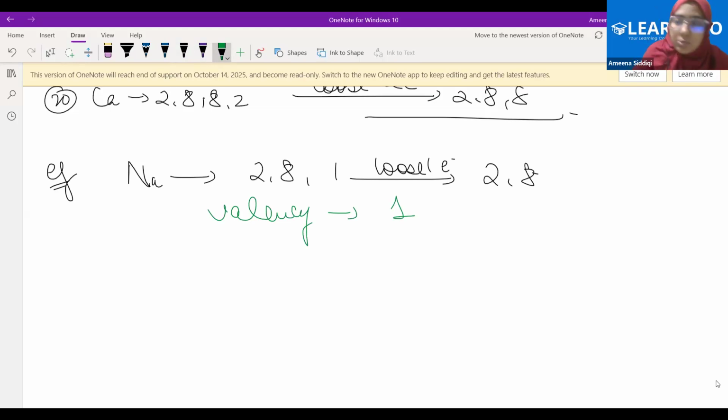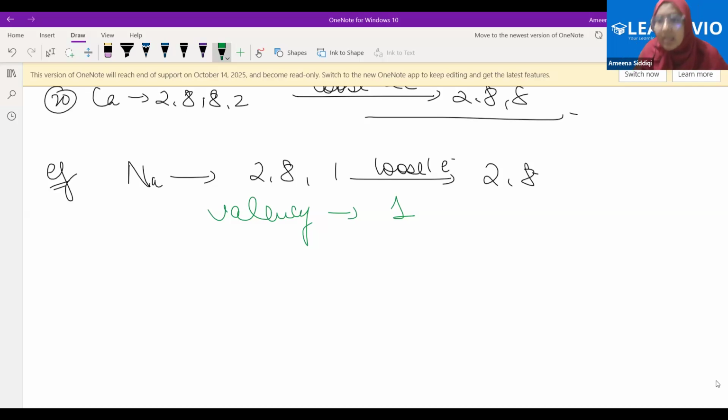Good. Now you see here, why is valency also called the combining capacity? Because if sodium wants to give 1 electron, that is its capacity by which it can combine. Let's suppose another atom also needs 1 electron. So it can combine very easily in a ratio 1:1 with sodium, because sodium wants to give 1 electron and the other wants to take 1 electron.